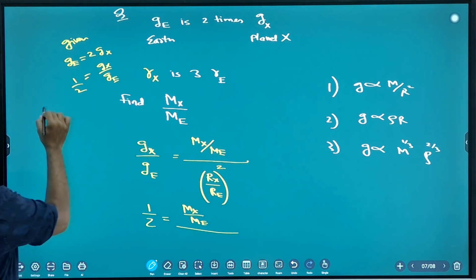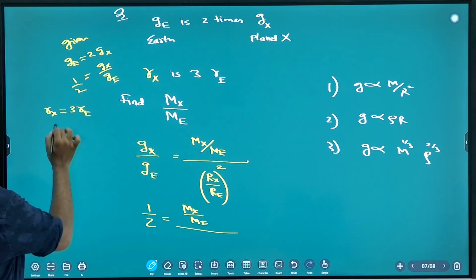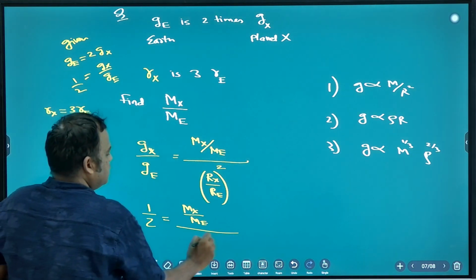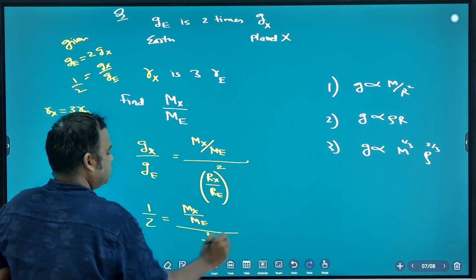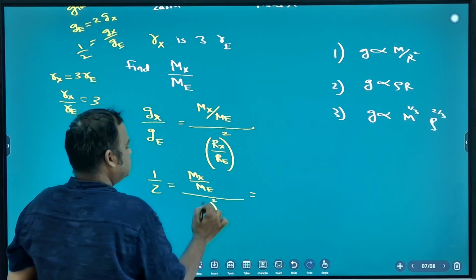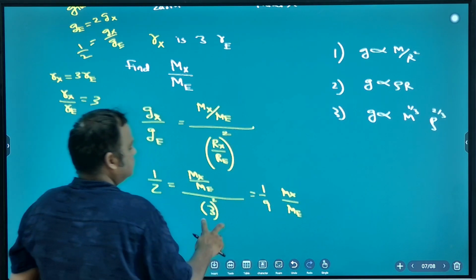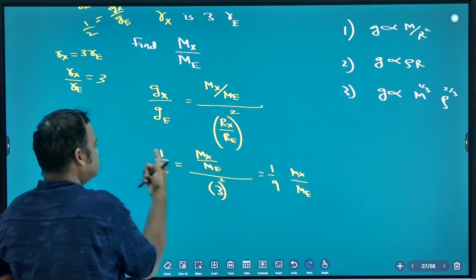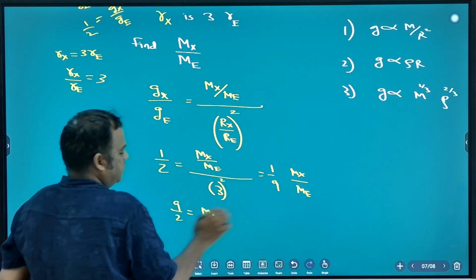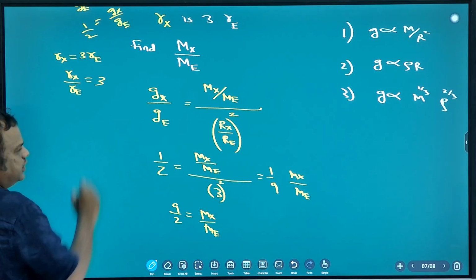So given rx is equal to 3 times of re. So what is rx by re? 3. So this is 3 square. So this is 1 by 9, correct? 1 by 9 mx by me. Now 9 will go here. 9 by 2 is mx by me. 9 by 2. Okay, clear? 9 by 2. Are you getting or not? Okay, correct. Good.